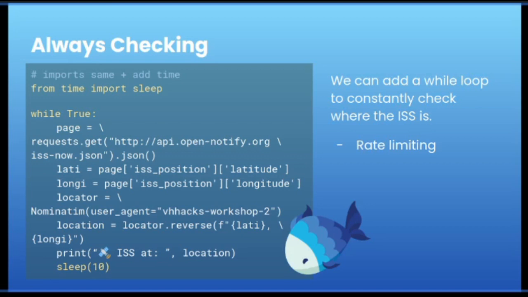So this will constantly check where the ISS is. However, for rate limiting purposes and to perhaps not spam their server with requests, try not to run the program for too long. And when you're done, just press Ctrl+C in the Replit terminal to exit, or in any other terminal to exit.